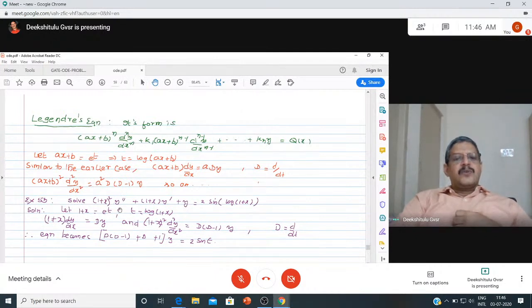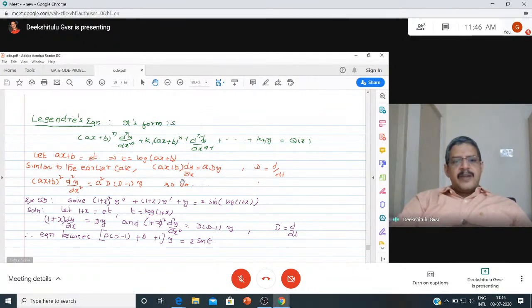So solve the problem: (1 plus x) whole square y double dash plus (1 plus x) y dash plus y is equal to 2 sin log(1 plus x). As here ax plus b is equal to e power t, so 1 plus x is equal to e power t, t is equal to log(1 plus x). You need not prove this straight away; you can use this result here.